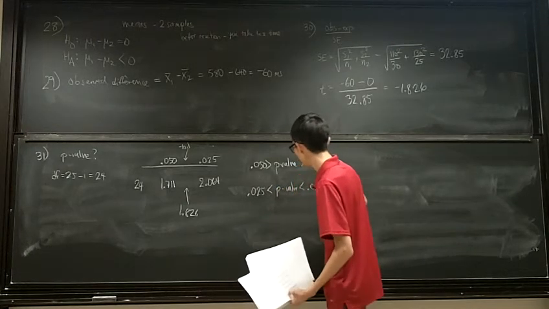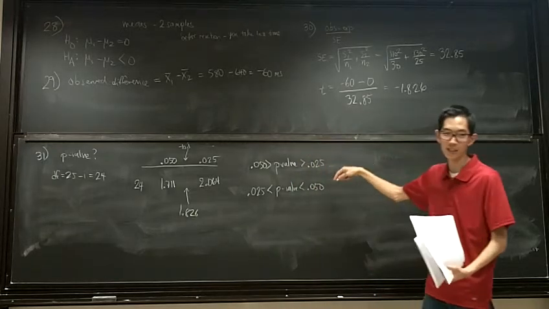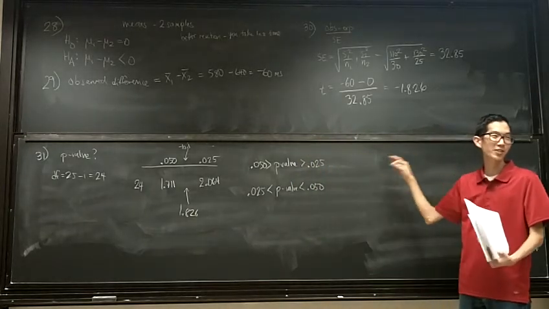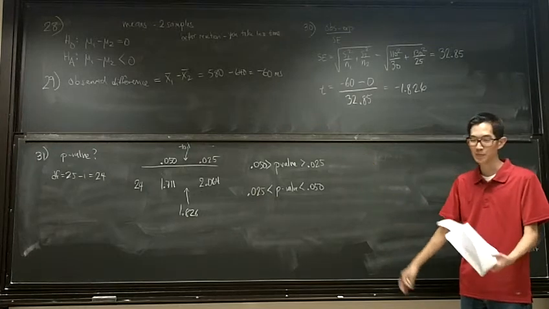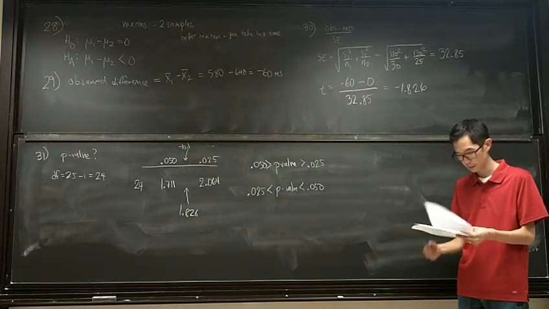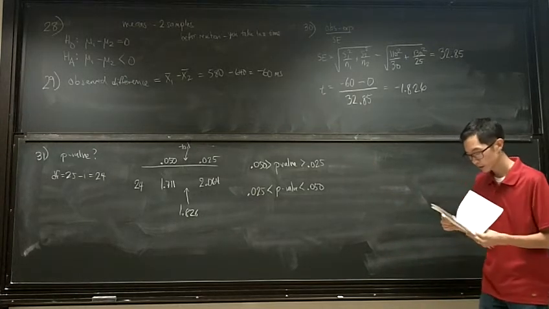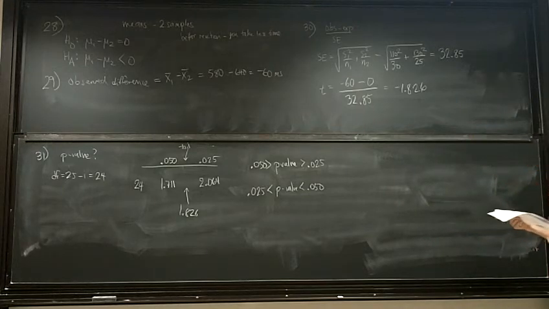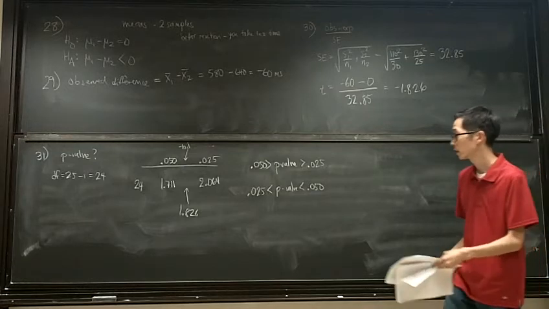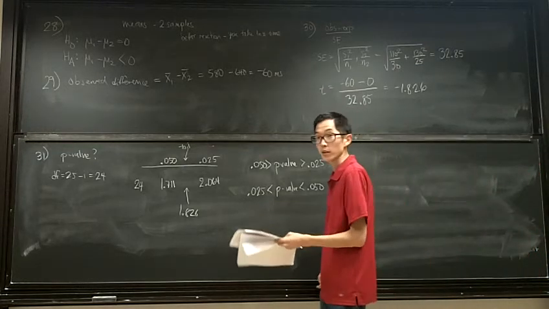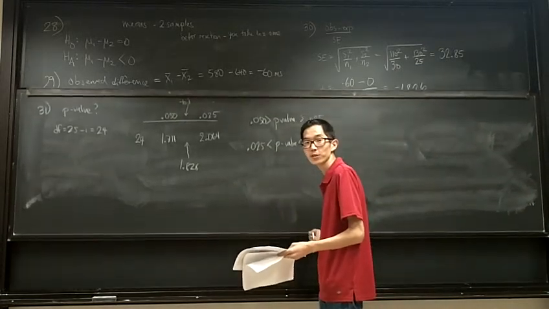You've got to get comfortable reading numbers whether they go increasing or decreasing. It's the same thing. So that is our p-value for number 31. Any questions? So far, so good?